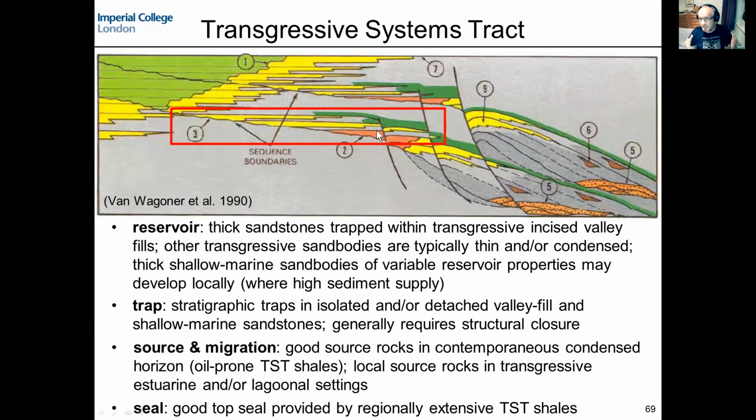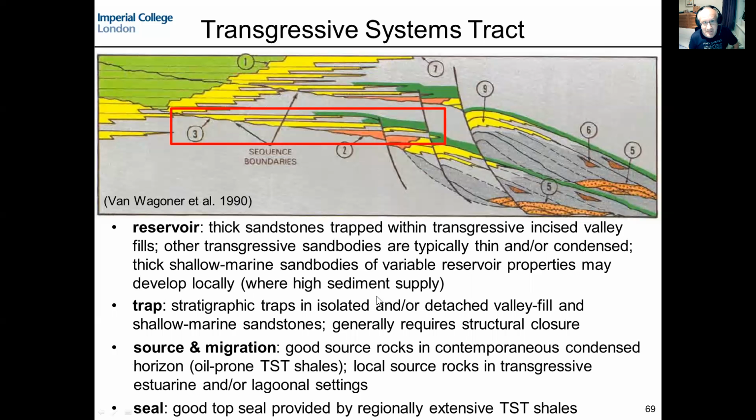Those sandstones will be missing and absent outside of the valleys. These overlying sandstones, the shoreline sandstones retreating outside of the valleys, are typically pretty thin. So they can have good reservoir properties, but typically small volumes.